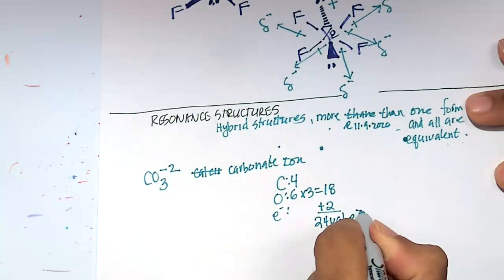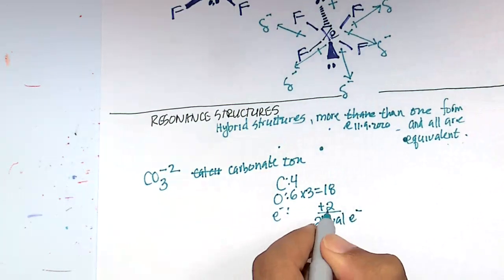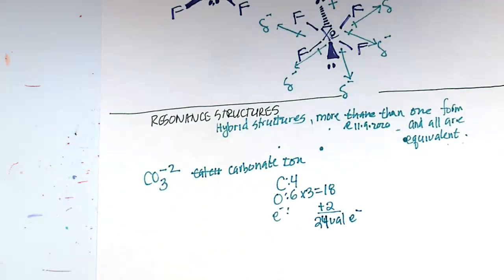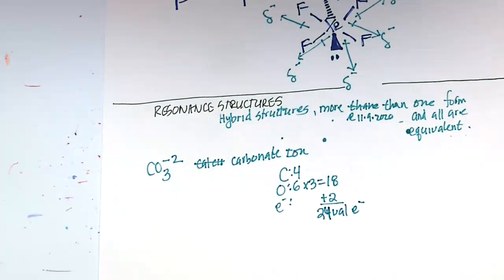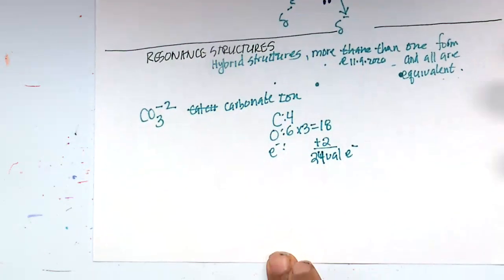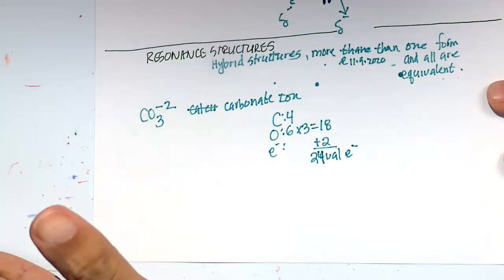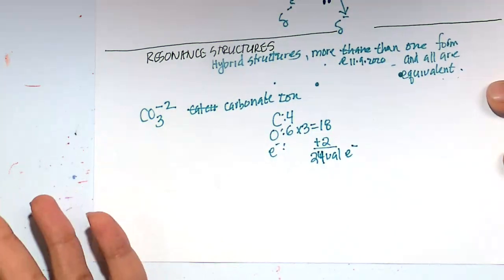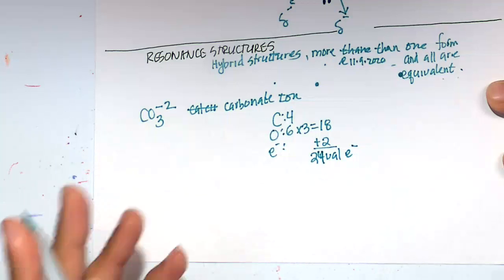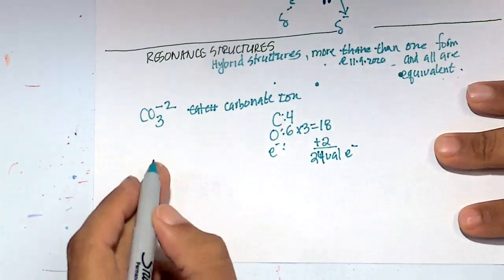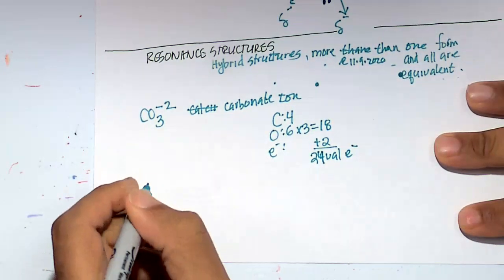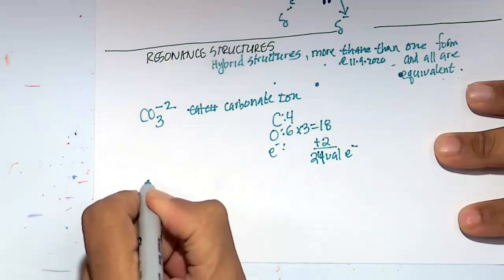Our goal is to get 24 valence electrons around the carbonate ion. Let's make carbon our center atom because we don't know which of the 3 oxygens is center. So I'm going to do carbon and then 3 oxygens.